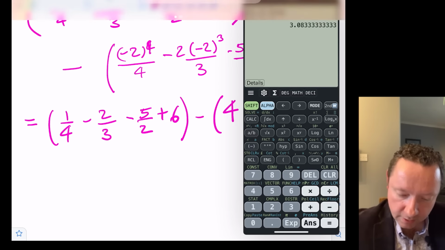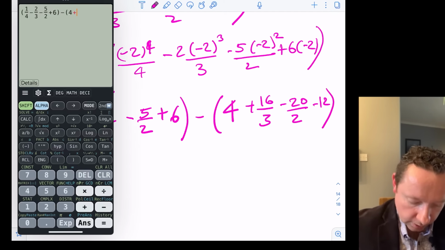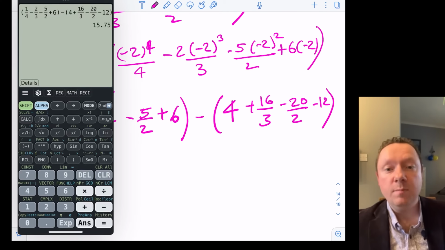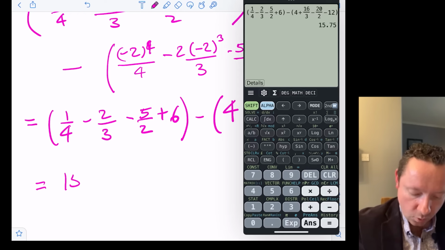And then our second bracket, I've got minus 4 plus 16 over 3, arrow, minus 20 over 2, arrow, minus 12, close the bracket, press equals. I'm getting 15.75, so I'm going to write 15.75 square units.